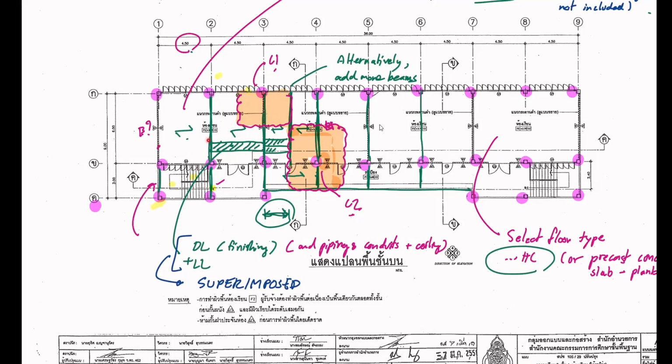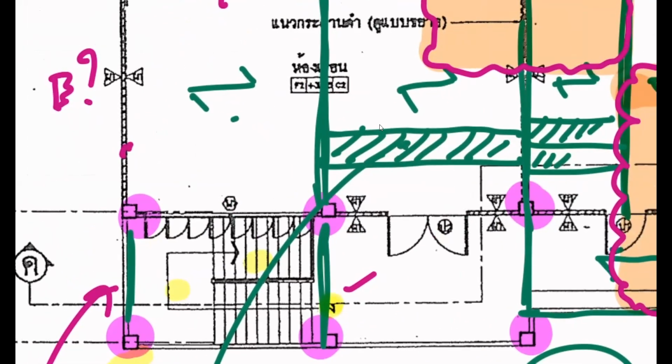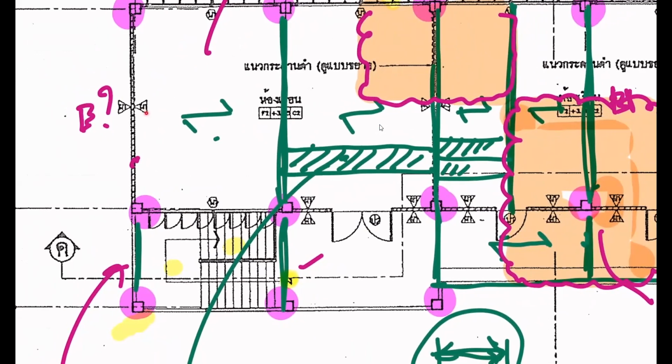This beam is just the full floor, no wall. This beam is full floor, you know what I mean? 4.5 meters, but I'm not sure. It's very hard to see. This is what you can see from the drawing. You need to look at this symbol and go check the architectural drawings, what kind of material they use.